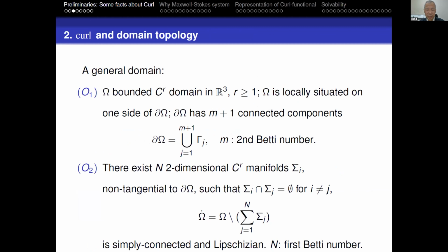And we also assume that the domain is multiply connected. So you cut the domain with n 2-dimensional manifolds, and then the remaining part, omega dot, will be simply connected. And the number of cuts, n, is called the first Betti number. You can also say n is the number of handles of the domain omega.